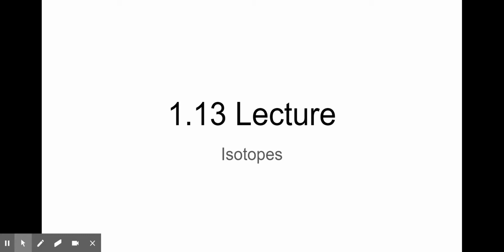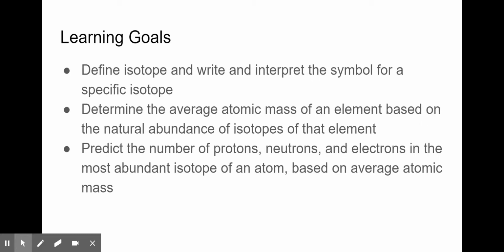The average atomic mass of an element that we get on the periodic table, remember that is the decimal number. This is the weighted average of the atomic masses of the isotopes of that element. Okay, so the learning goals that we have here, we're going to define isotope. We are also going to be able to write and interpret symbols for specific isotopes.